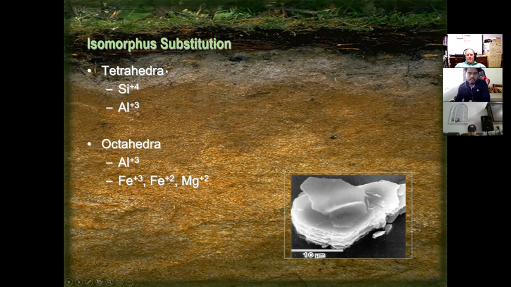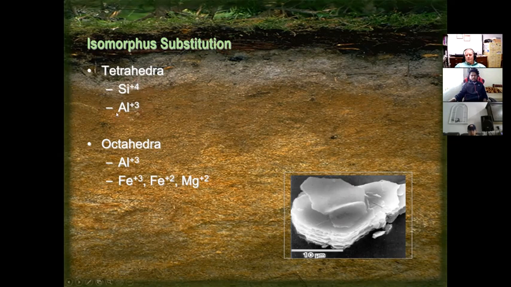Basically, what happens is I just told you a minute ago that in a tetrahedra, the building block of that is a silicon surrounded by 4 oxygens, right? Well, that is true, but from time to time, we'll get an aluminum that can replace that silicon in that same structure. Okay. But what's the difference between these two?